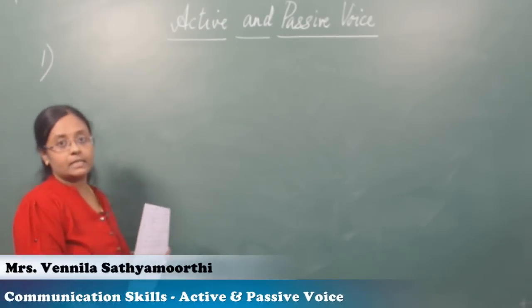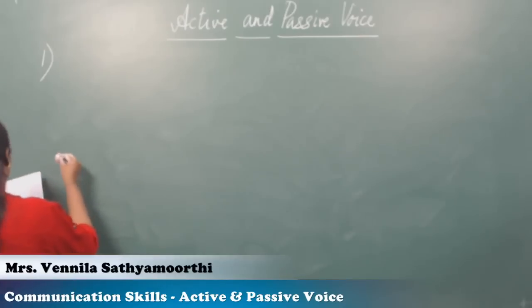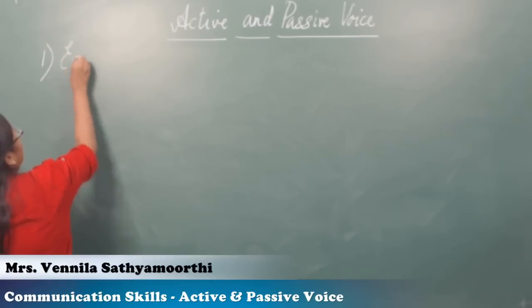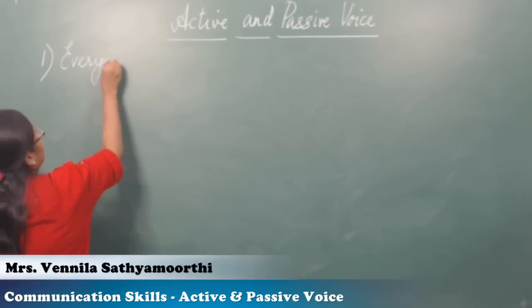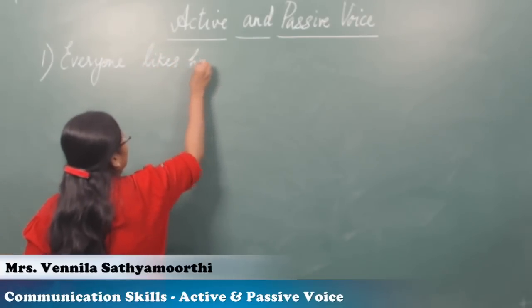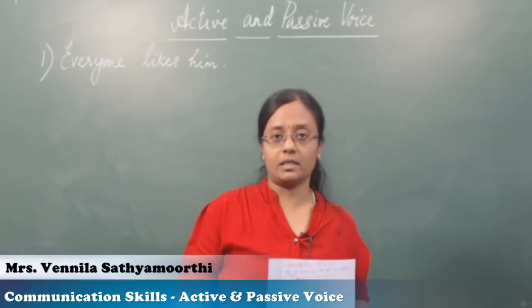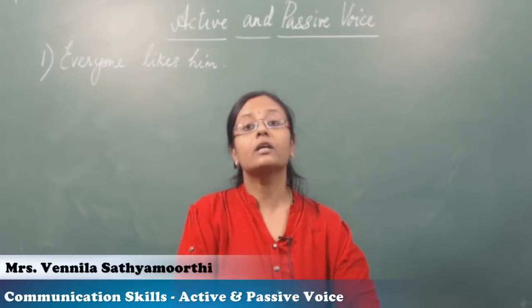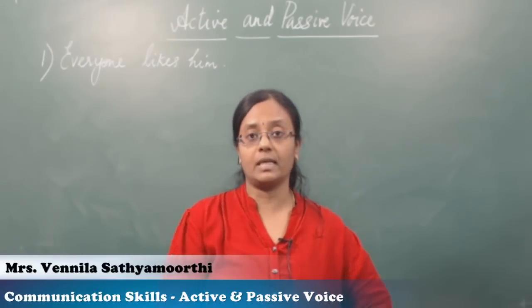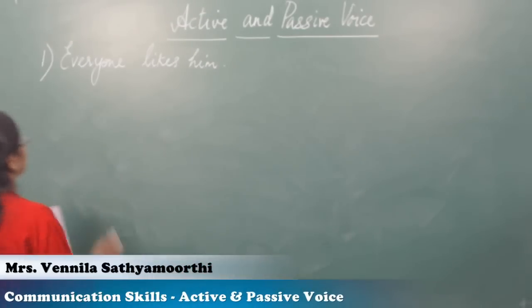Change all these sentences to the passive form. I'm going to write in the active. Everyone likes him. When you change the sentence from active to passive or from passive to active, remember not to change the meaning of the sentence and the tense. You have to remember these two.